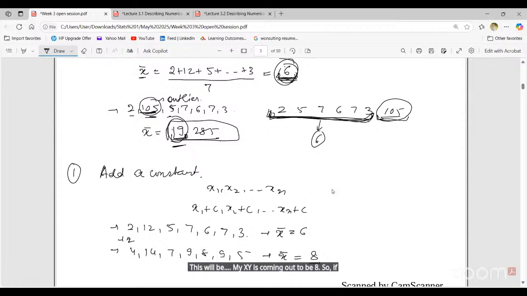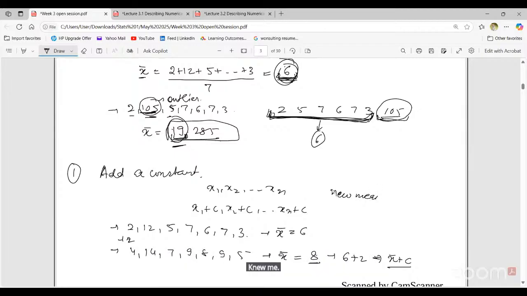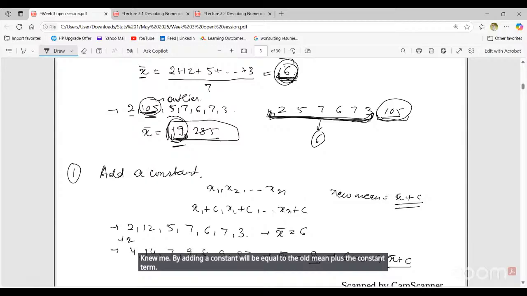So if you see here, this 8 is basically 6 plus 2. It is my original mean plus the constant term. So if I'm adding a constant, my new mean will be equal to the old mean plus the constant term.